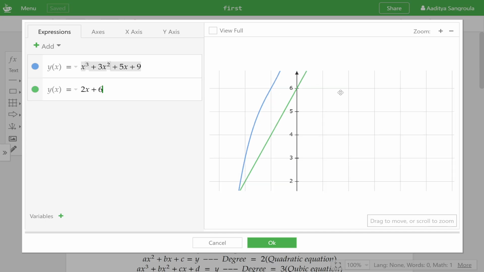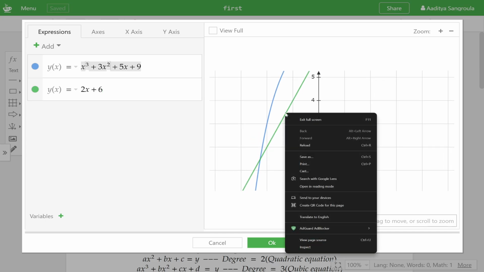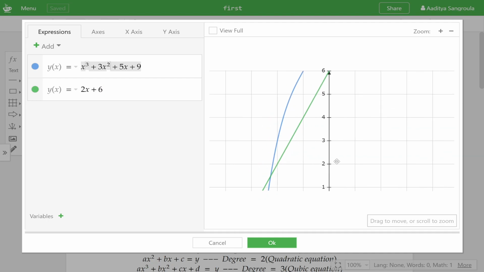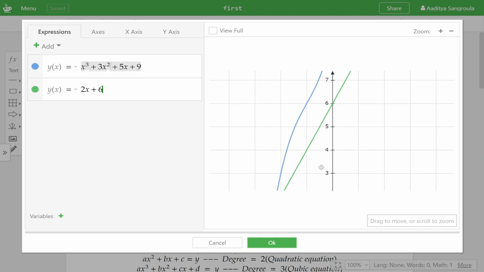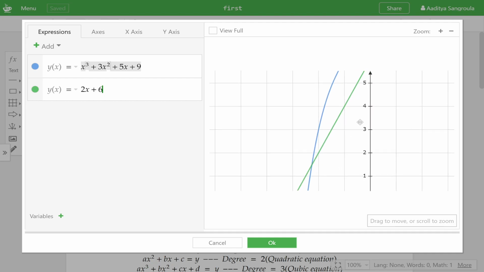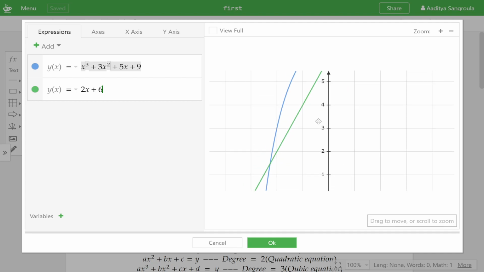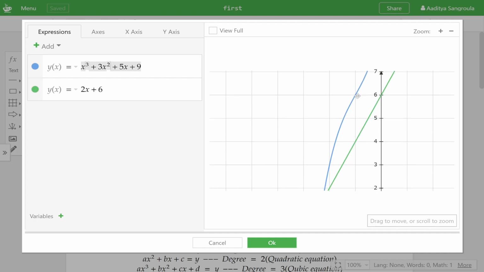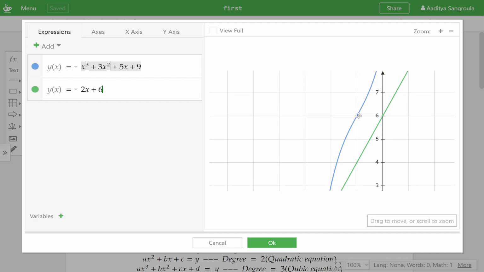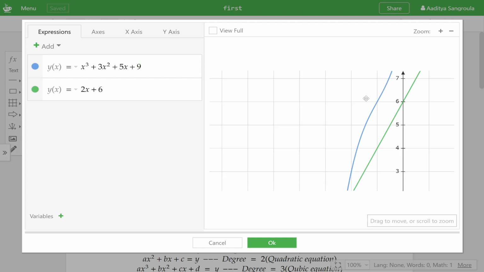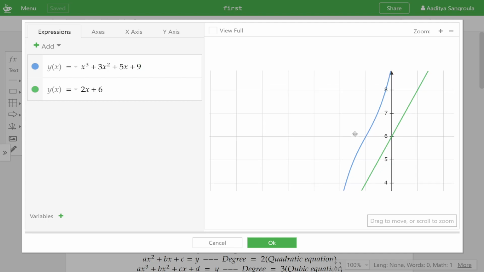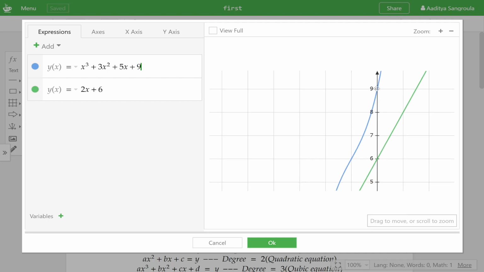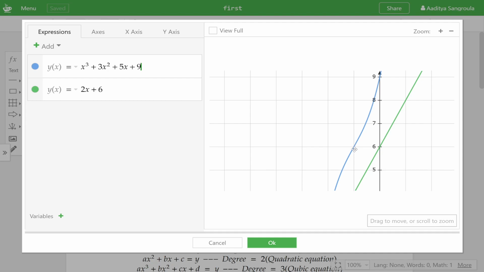But I want the line to be a bit rotated. So what I can do for this case is choose any 2 points through which I want the line to be passing. In this case, I want it to be passing through 2 points on the cubic graph. So let's choose the 2 points to be 9, 0 and 6, minus 1. Right? 9, 0 and 6, minus 1.